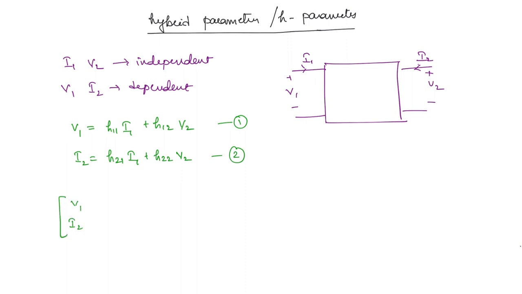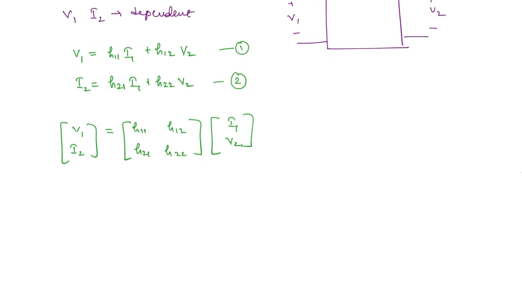V1, I2 is equal to H11, H12, H21 and H22, times the matrix I1 and V2. So this is the dependent matrix, this is the independent variable matrix, and this is the H parameter matrix.